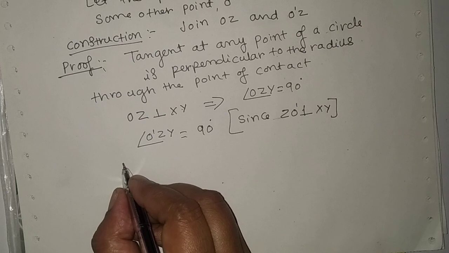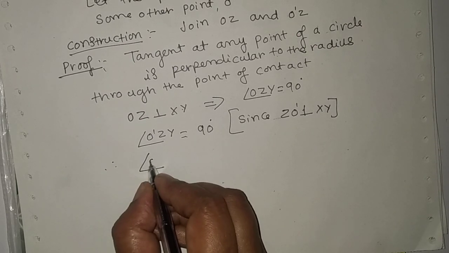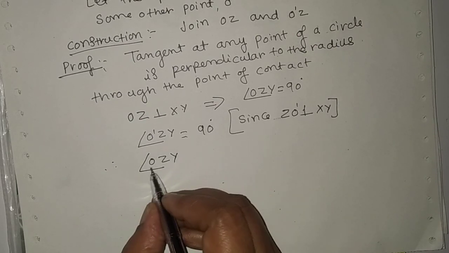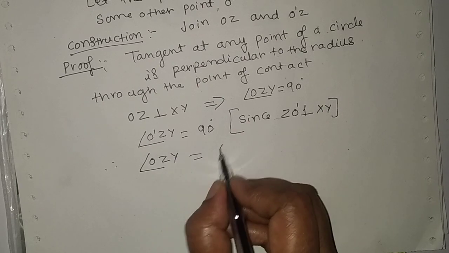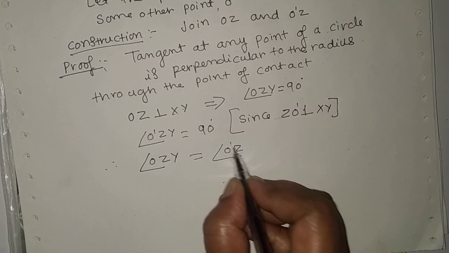Therefore, angle OZY is equal to angle O dash ZY.